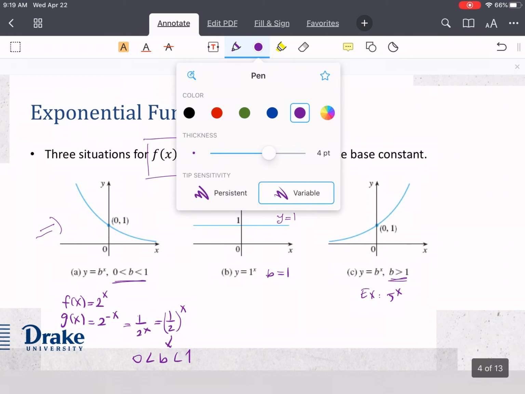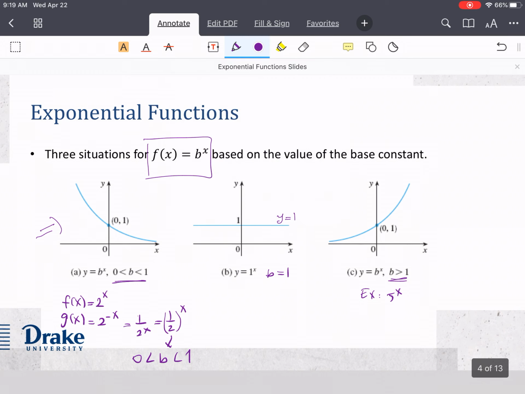There are a couple of things we need to point out here though. What I want you to realize is exponential functions have certain characteristics. So for instance, one of them is their domain. Their domain could be anything. So you could input any x number from negative infinity to positive infinity.